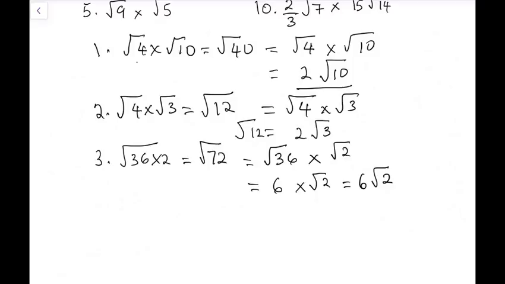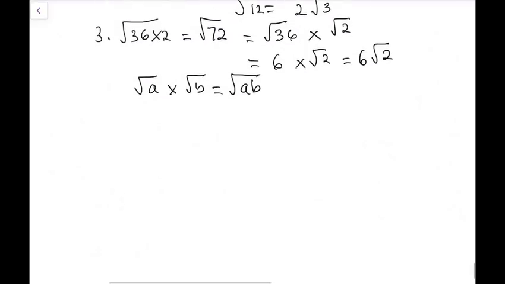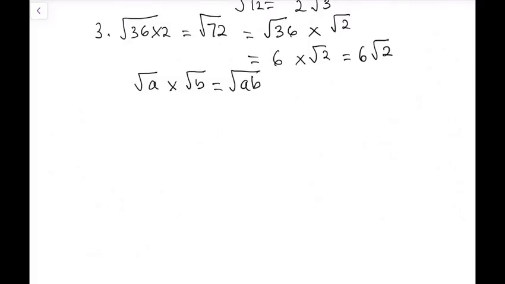So we don't want to forget the rule, just as a reminder why we have this. Square root of a, square root of b, multiplying each other will give us square root ab. So if you keep that in mind, it will help you to understand why the outcome is coming this way.